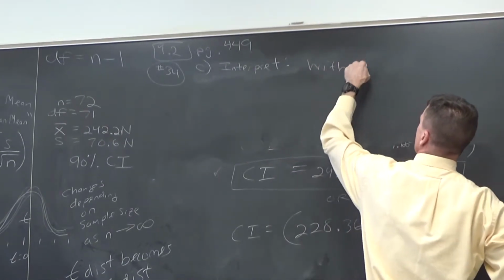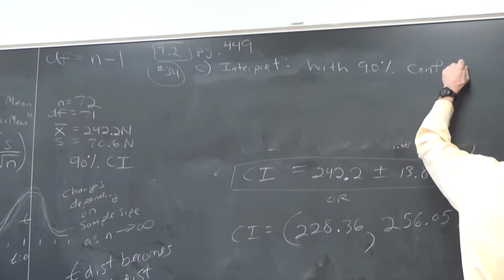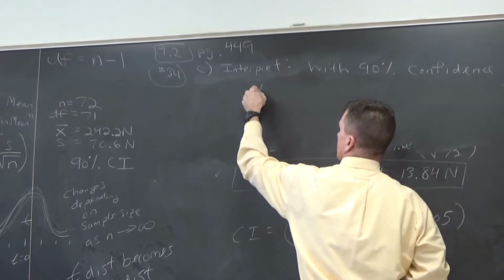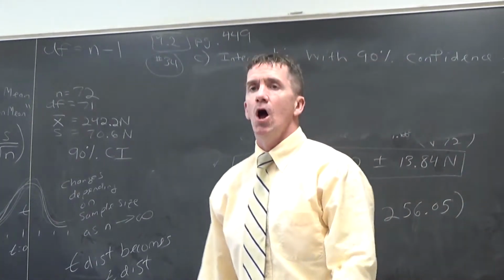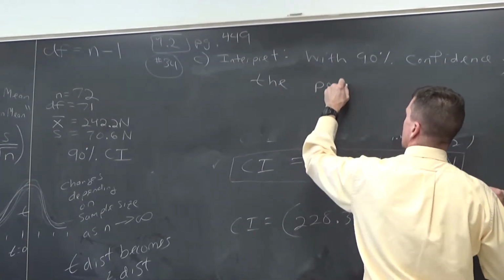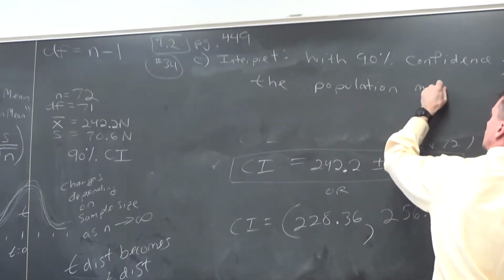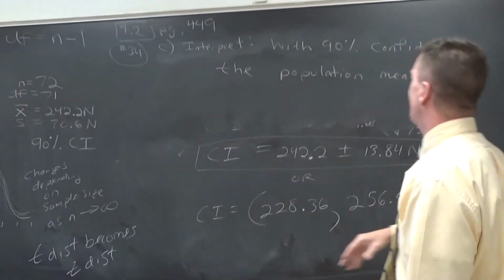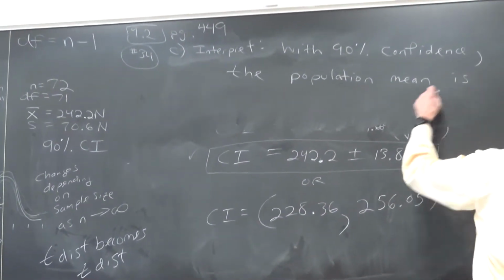With 90% confidence, I'll put a comma. The mean. Good. Is it a sample mean or population mean? Population mean. The population mean, if you want to write after the word mean, everyone, if you want to put tensile strength of the teeth, of the crowns and all that stuff, it's actually cement. But the population mean is between what two numbers?